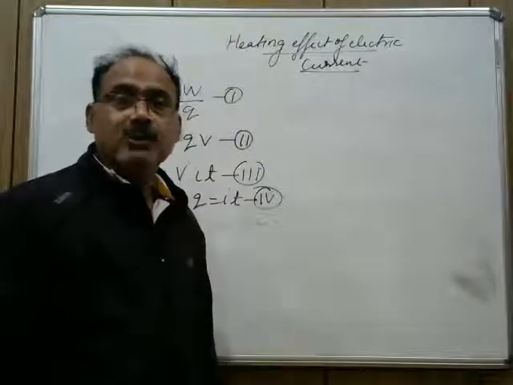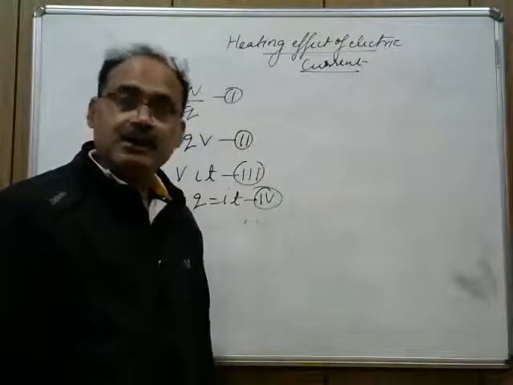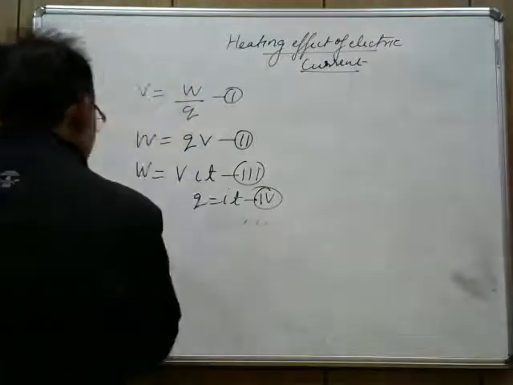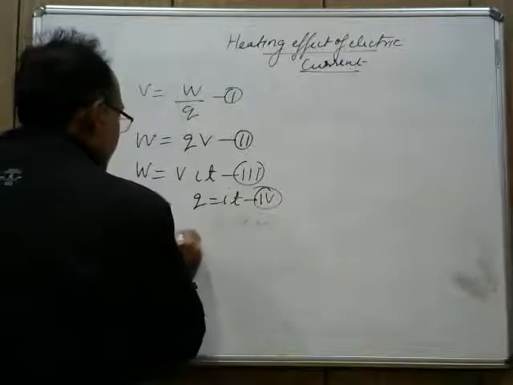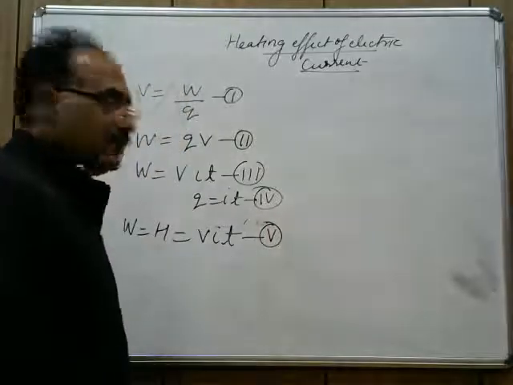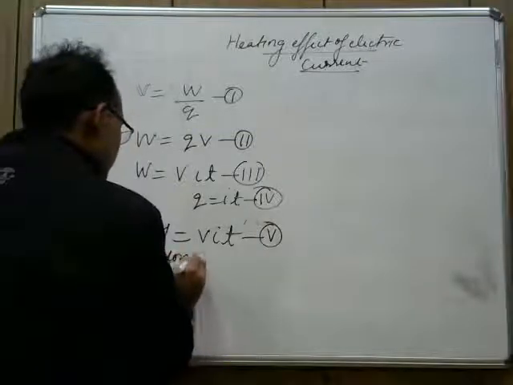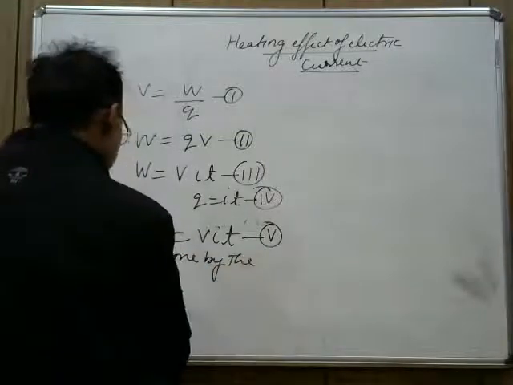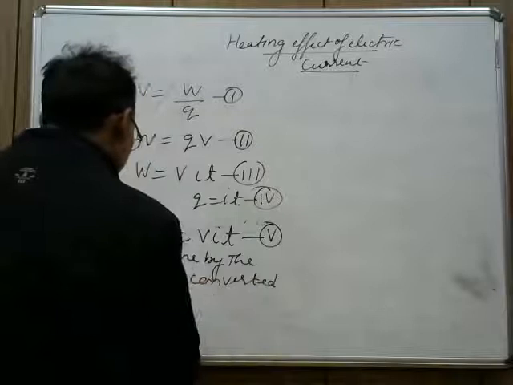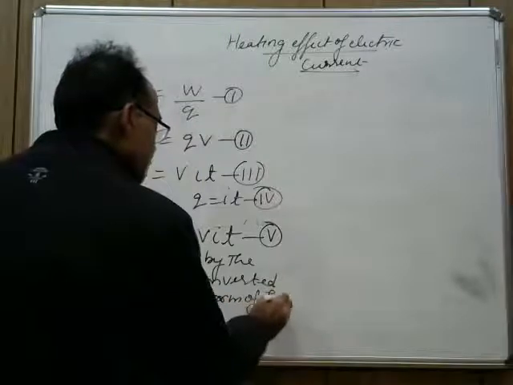So, where does this work go? This work is liberated in the conductor in the form of Joule's heat. So, this work can be written as W is equal to H is equal to VIT, where V is potential difference across the ends of the conductor, because I am writing in this statement that work done by the cell is converted in the form of Joule's heat.